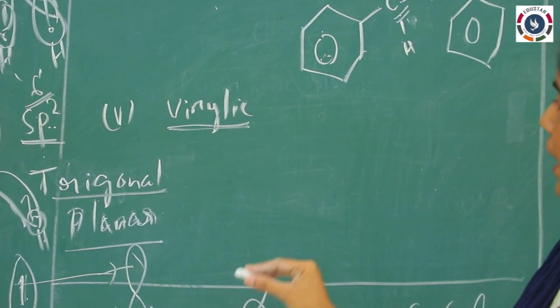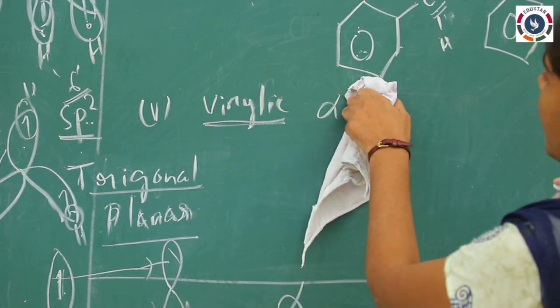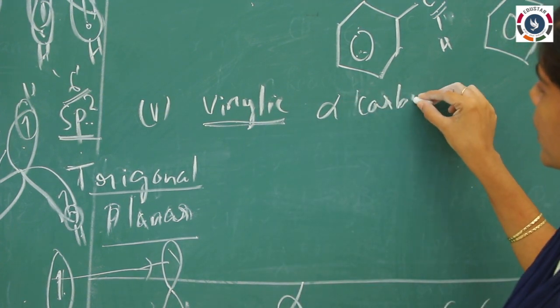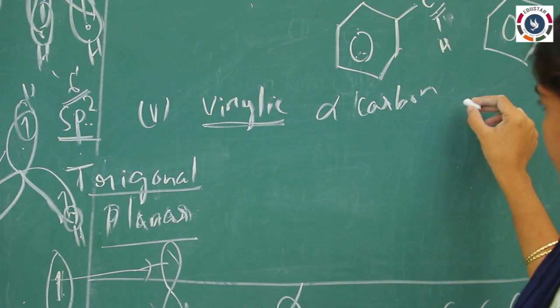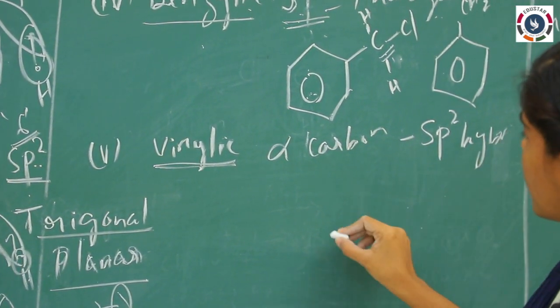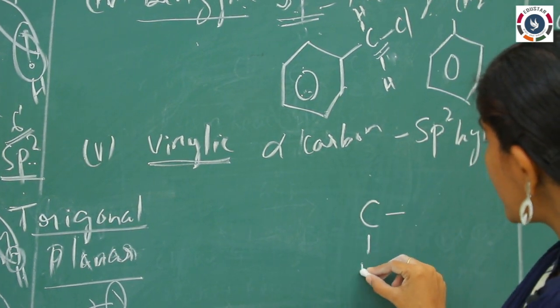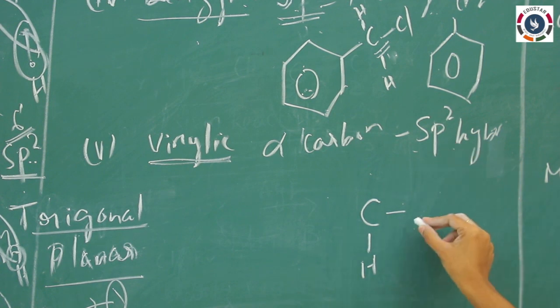In case of vinylic, the alpha carbon atom is sp2 hybridized. sp2 hybridized means it has only 3 neighbors, right.